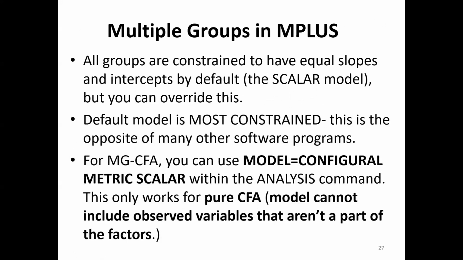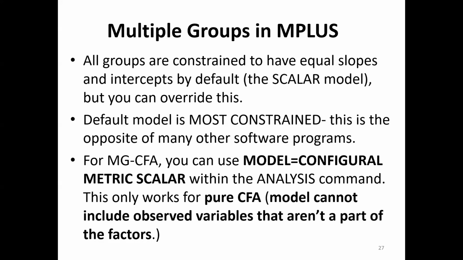This is important to say. When you run a multiple groups model in M+, this is where the defaults get a little wonky. All groups are constrained to have equal loadings and equal intercepts by default. So the default model in M+, if you just say you're going to run a multiple groups model, is going to be the scalar model.